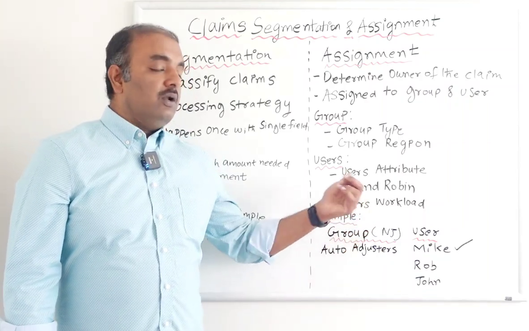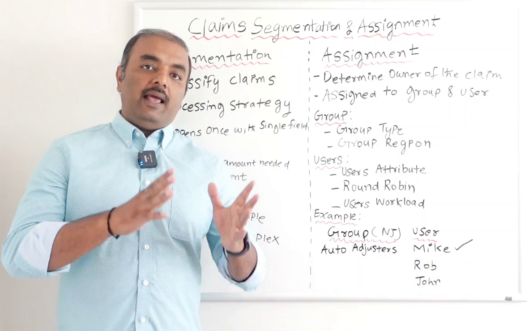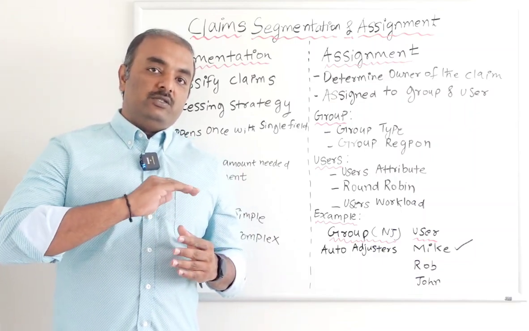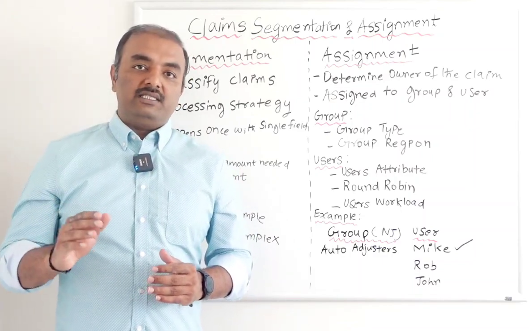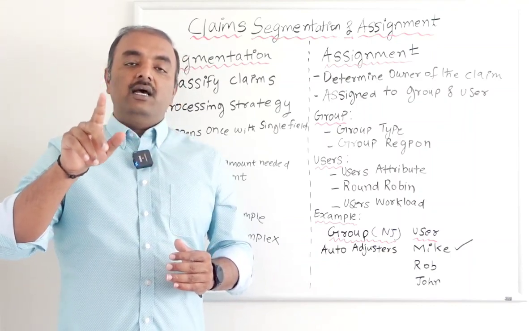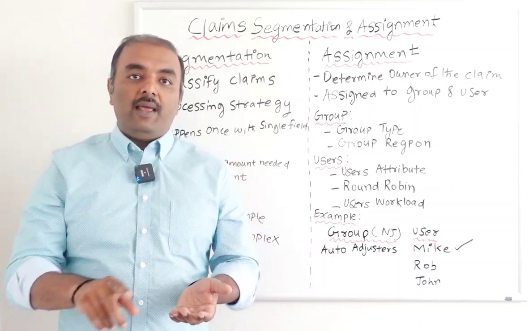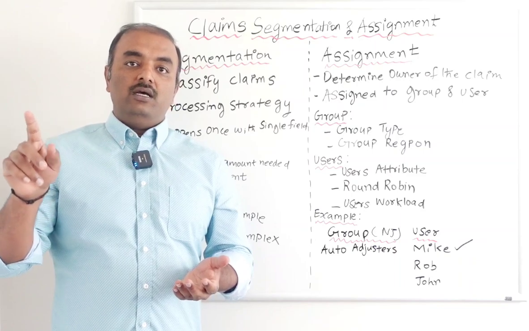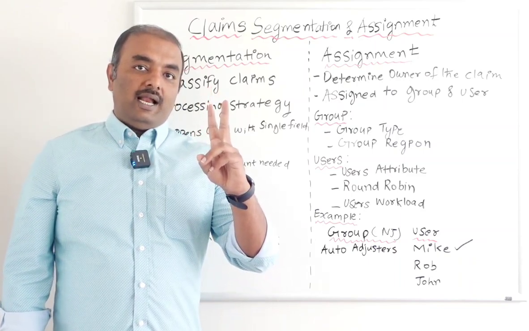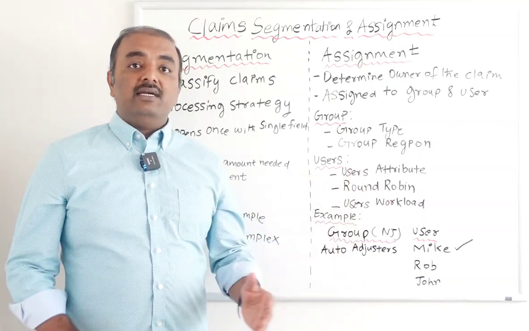Third thing is workload. The reason why people use workload is this: say the first claim is simple and you assign it to Mike. The second claim is complex, you assign it to John. Again the entire cycle is completed and the second cycle starts. Again one more claim comes in simple, you assign to Mike. Again one more claim comes in complex, you assign to John. If you see, Mike has 2 simple claims and John has 2 complex claims. So if you use round robin, that's a drawback.